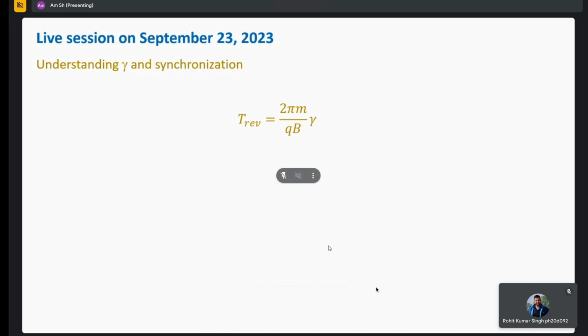Actually, there were some questions asked about how revolution time is changing with gamma. Sometimes it seems that if energy is increasing, there should always be a change in the gamma or revolution time. So the revolution time which we have derived is T revolution equals 2 pi m upon qB into gamma.